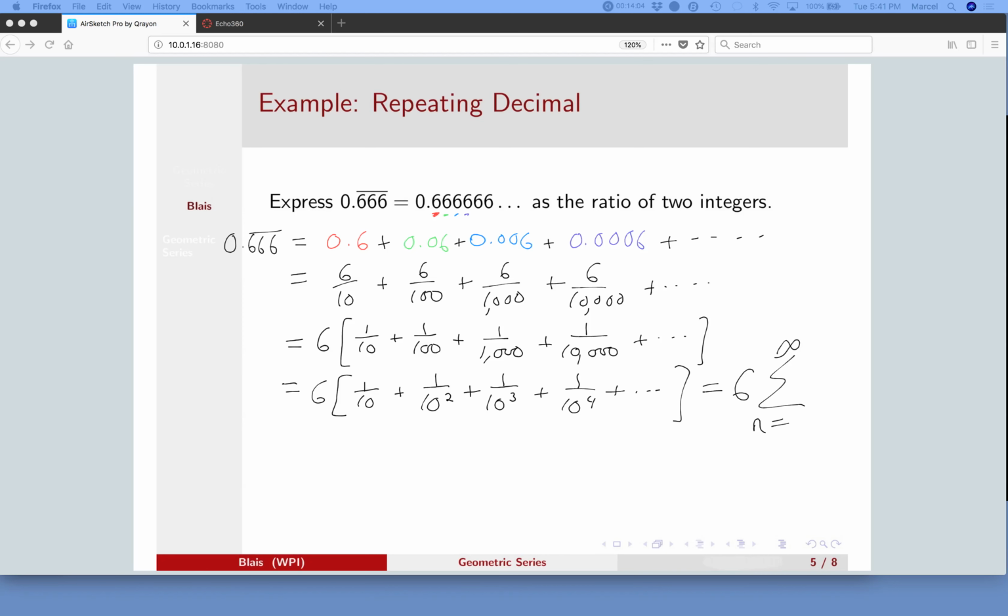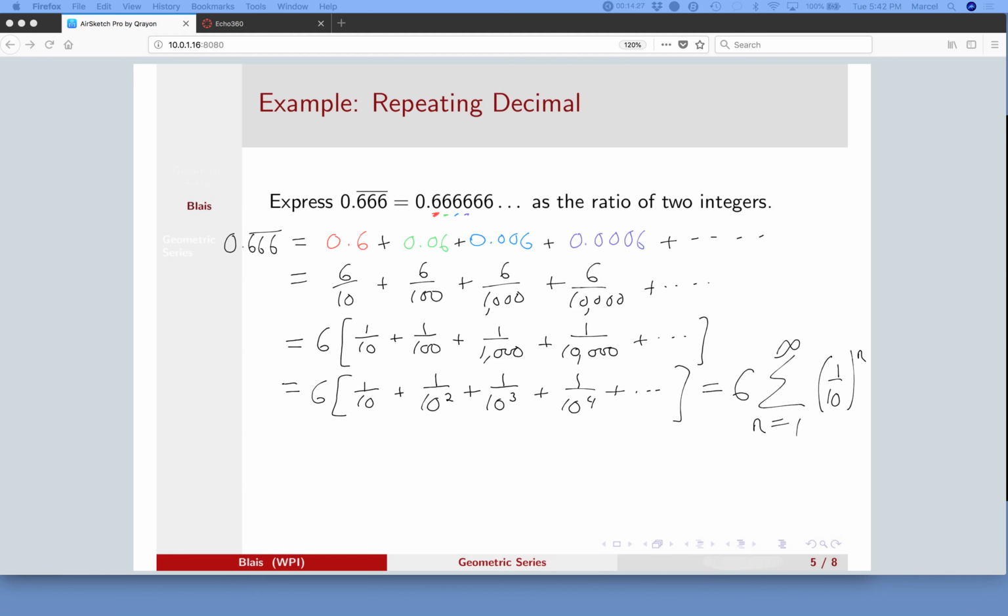Notice that you have to be careful what you start your series at. The first term in the series is a tenth, so we would say that this is 1/10 to the n. So the first term has to be a tenth, so we want to start at n equals 1. So the first term is 1 over 10 to the 1.